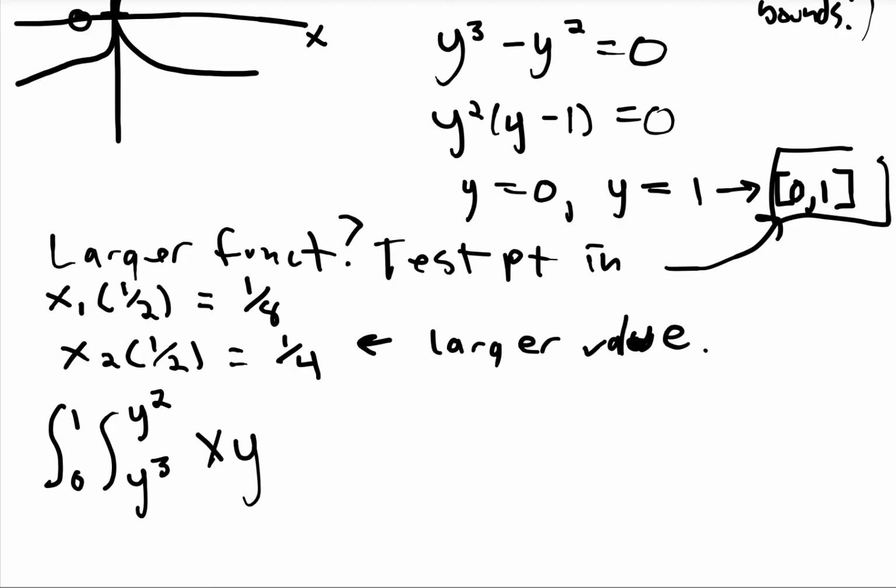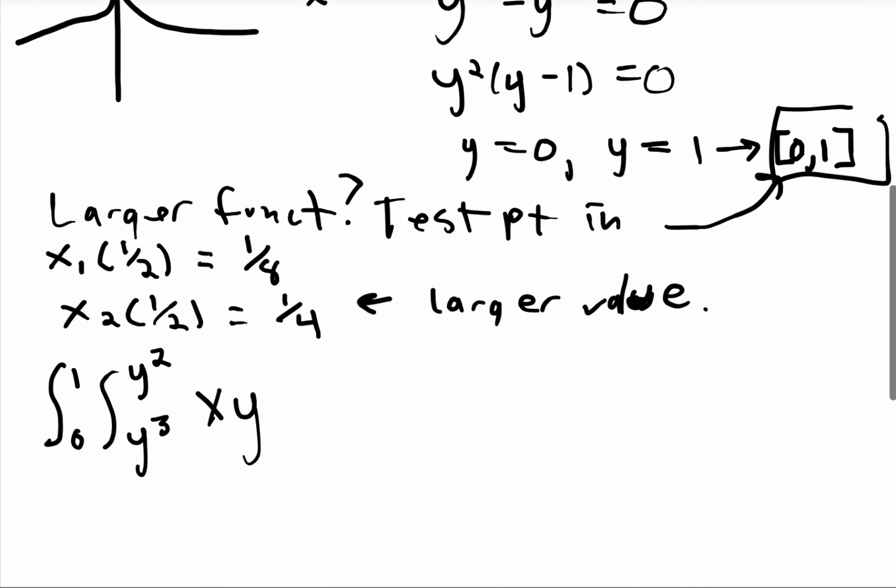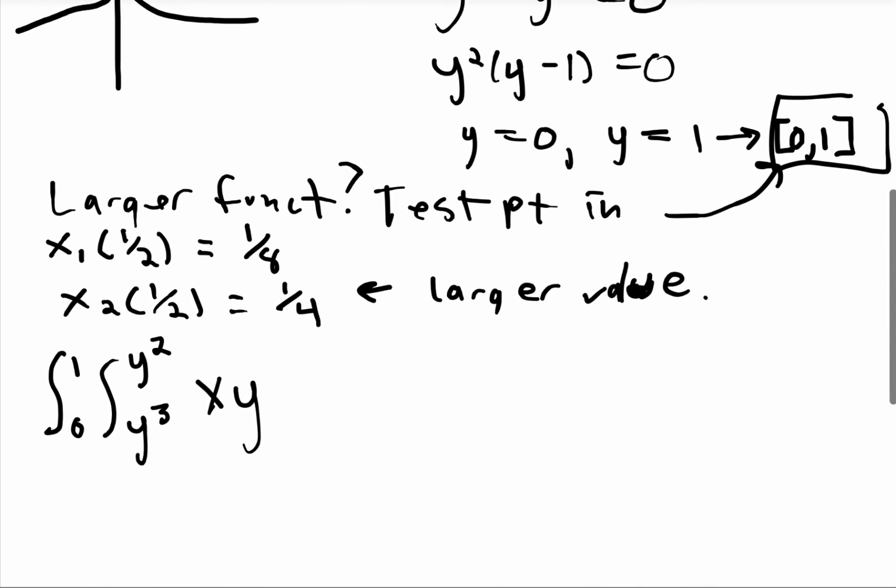Okay, and I was trying to integrate xy in the first place, right? So you notice, again, these y values, the y squared, y cubed, those were bounds on x, and this interval, the interval 0, 1, these were y values too, so these were bounds on y.